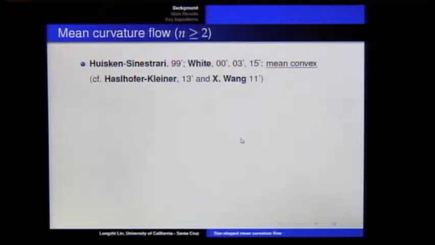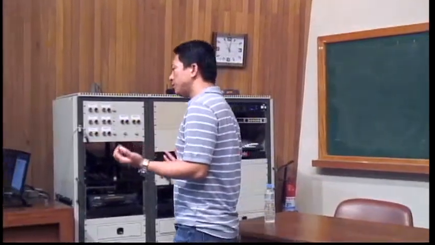During the last 15 years, Huisken, Sinestrari, and White have a series of important works proving that if you start with a mean convex initial hypersurface and run the mean curvature flow, then the blow-up of the mean curvature flow at every point has to be convex.